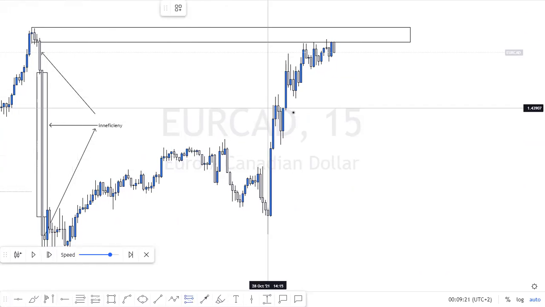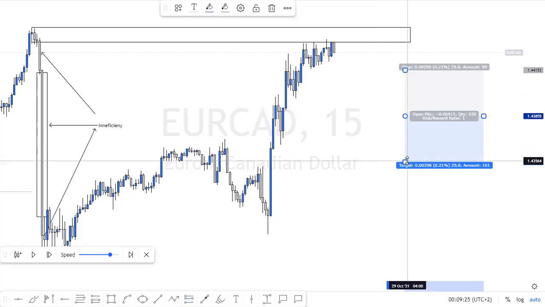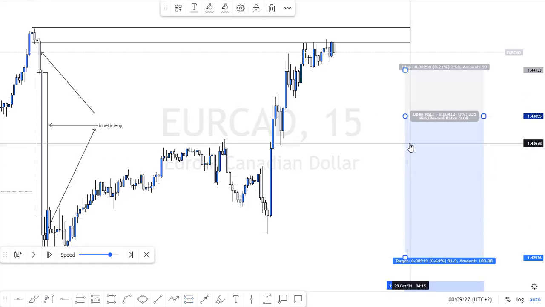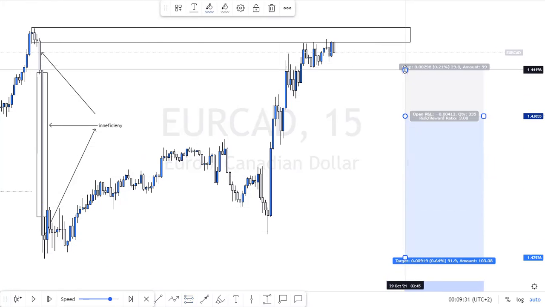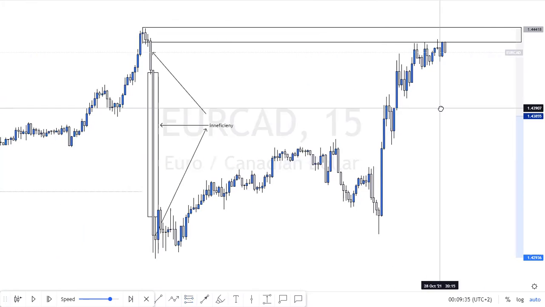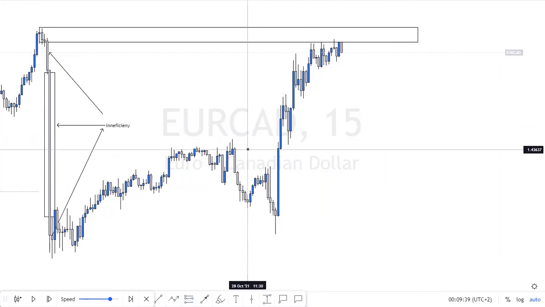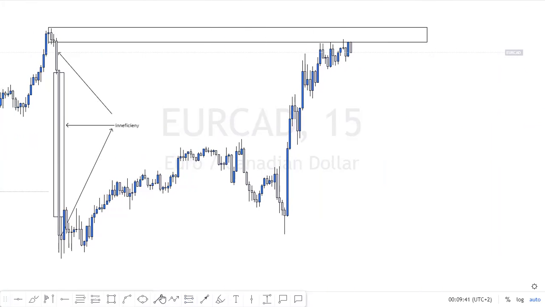Since if we were trying to sell on the 2-hour, we were like this. You see where we actually try to take our order block on the 2-hour from.